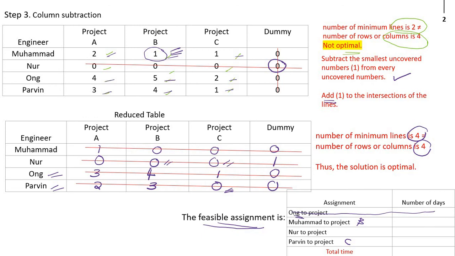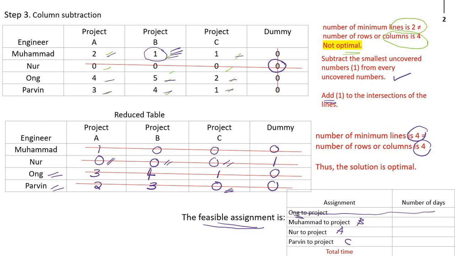So Nur is available to proceed with project A. Okay, I forgot to mention that the assignment is based on the 0 values in all the entries.